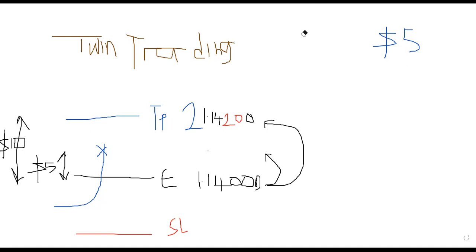Now, let's say the trade goes up, it hits TP2. $10 is added to your trade.